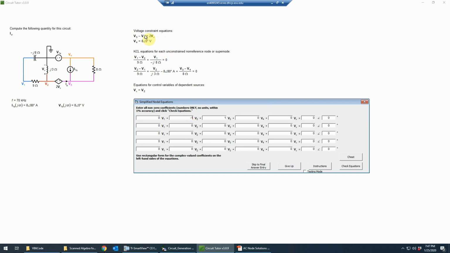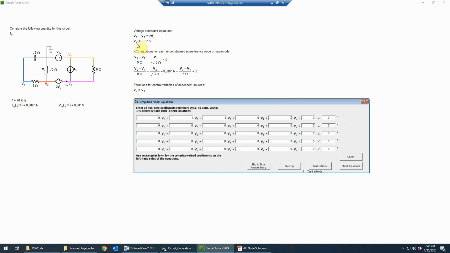And then we're also subtracting 2vx, so we'll have a coefficient of vx, and notice that's one of our unknowns here, in addition to the 4 node voltages, we have a fifth variable here, which is the control variable for the dependent source. Although that really is, in this case, equal to one of the node voltages, we haven't used that fact in writing these equations. So that would be negative 2. And then the right-hand side will be 0 because there's no constant term in that equation.